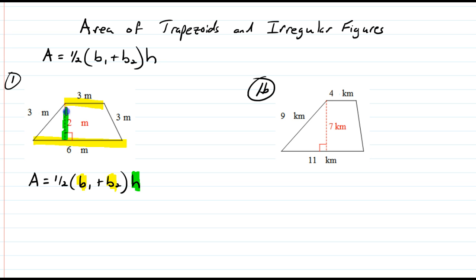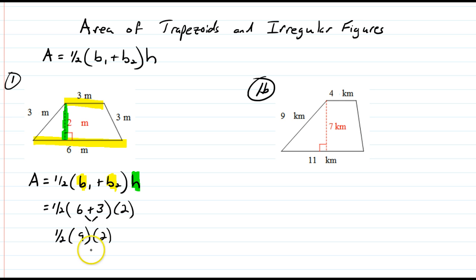It goes straight from the shortest distance from the bottom base to the top base. So we just plug in our base 1, which is 6, and base 2, which is 3, and our height, which is 2. So the 6 plus 3 gives us 9.